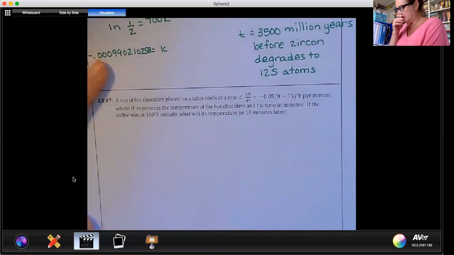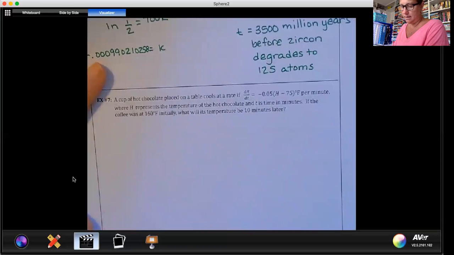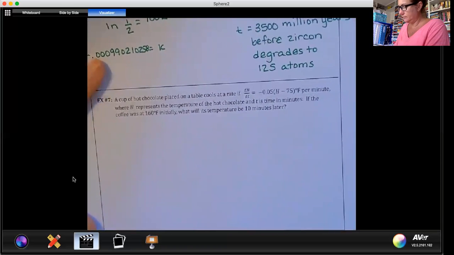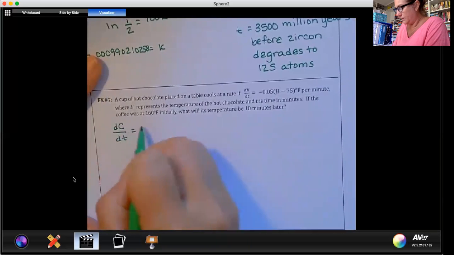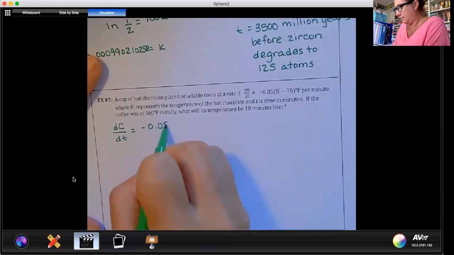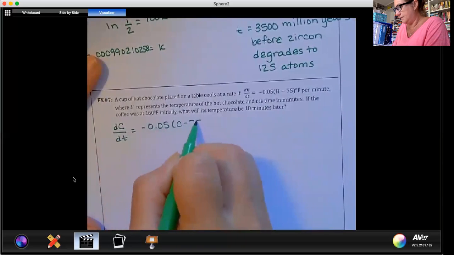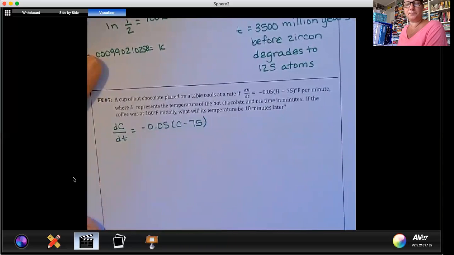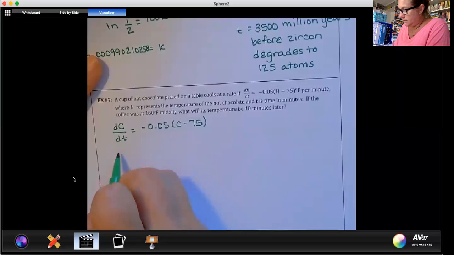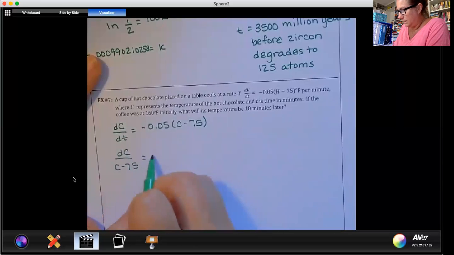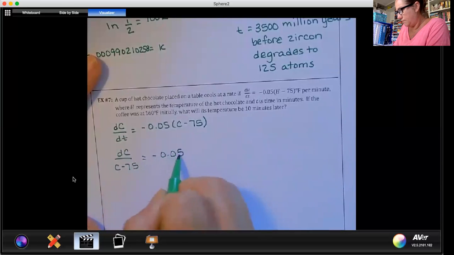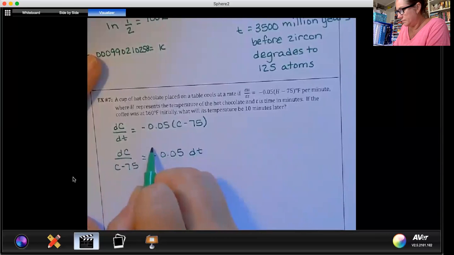So we're cooling. So we're going to use C here. So the temperature we're cooling is negative 0.05 times (C minus 75). So we have dC over (C minus 75) equals negative 0.05 dt.